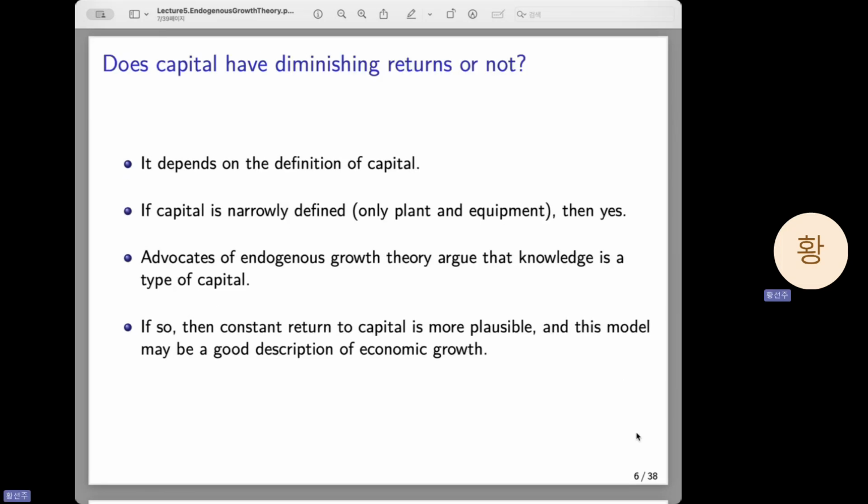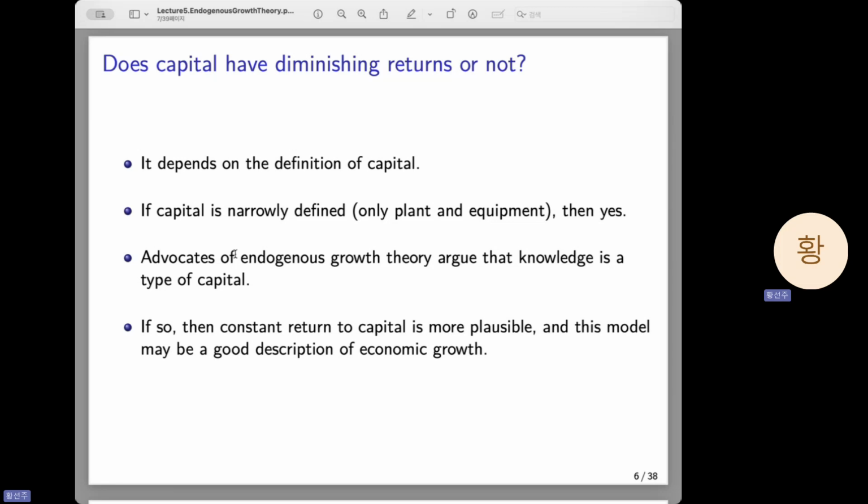Now you might ask, does capital really have non-diminishing returns? Actually, it depends on what we mean by capital. If we define capital narrowly, only machines, buildings, or equipment, then the answer to this question is yes. Diminishing returns make sense.